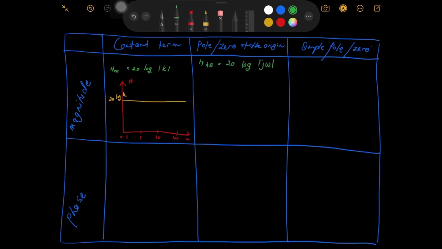The next one is the pole at the origin, again for the magnitude plot. For the pole at the origin, the standard equation will look like H dB equals 20 log of j omega. How to plot it is like this: the axis increments by factors of 10, from 0.1 to 1, then 10, 100, and so on.